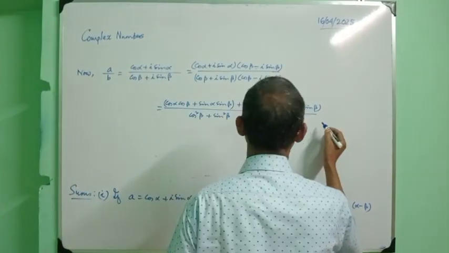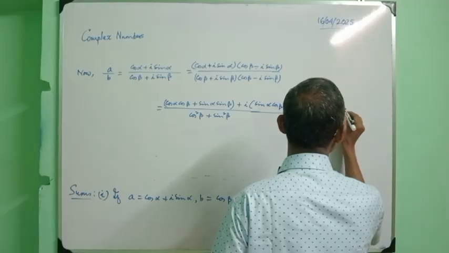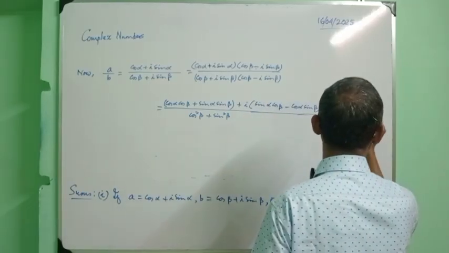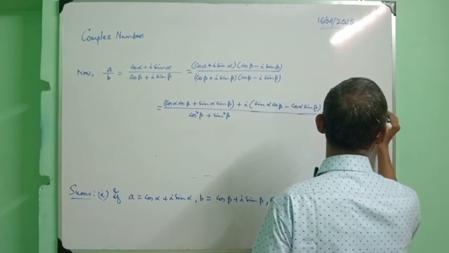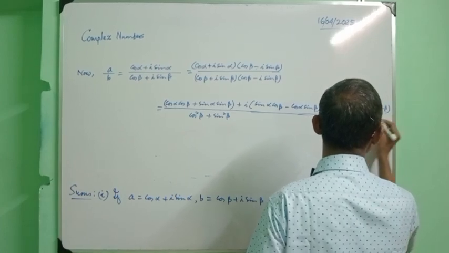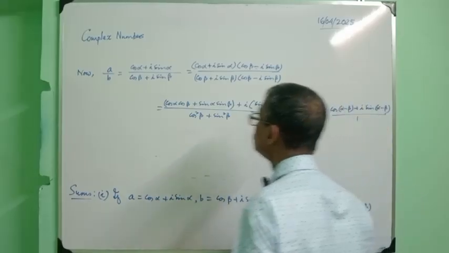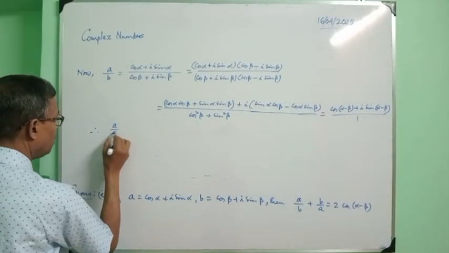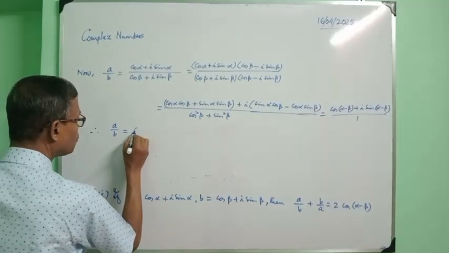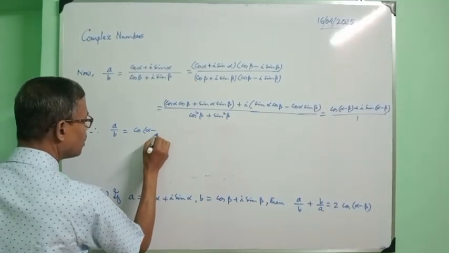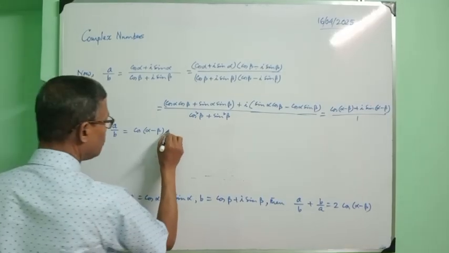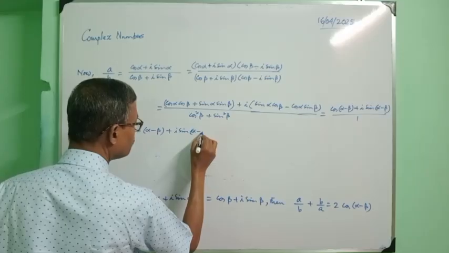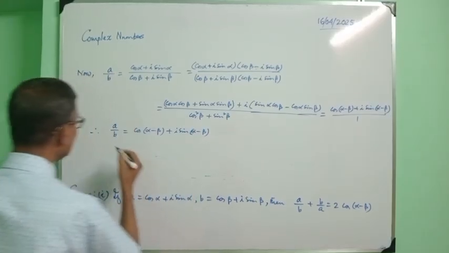This is cos of alpha minus beta plus I into sin of alpha minus beta by 1. Therefore, finally we get A by B is equal to cos of alpha minus beta plus I sin of alpha minus beta.